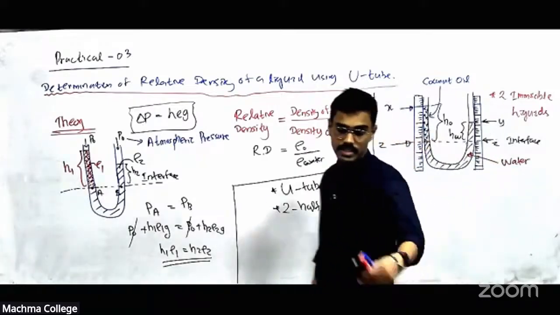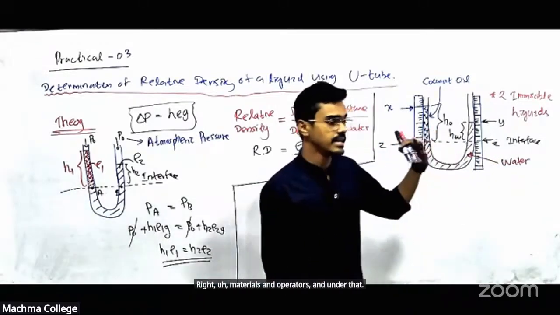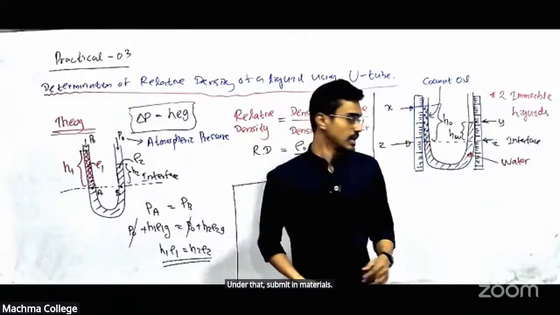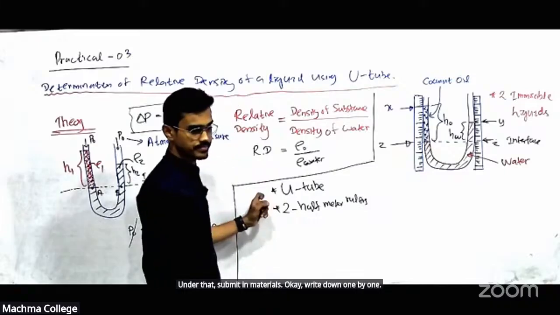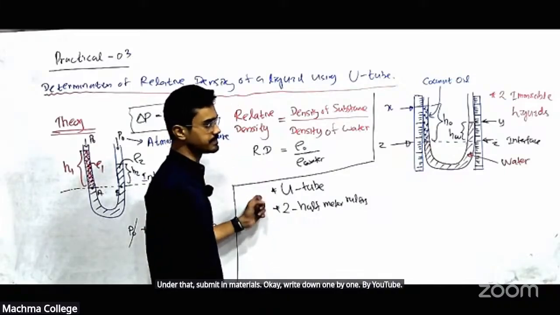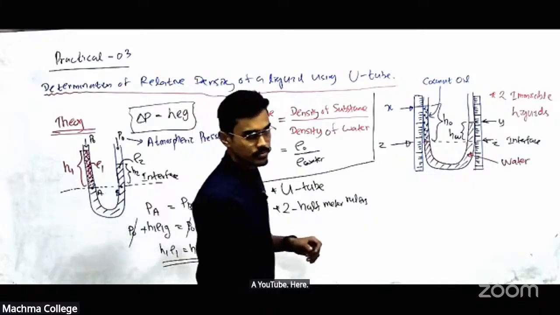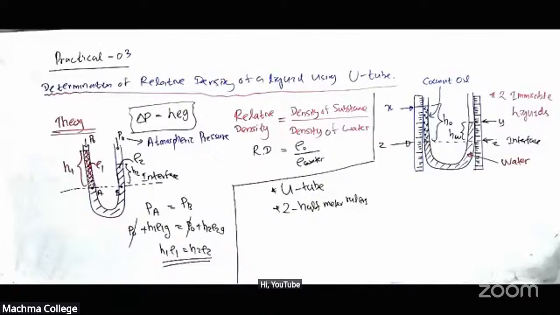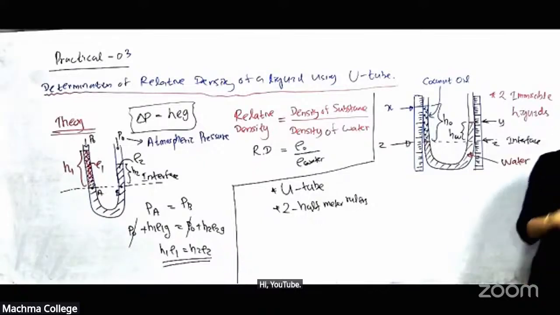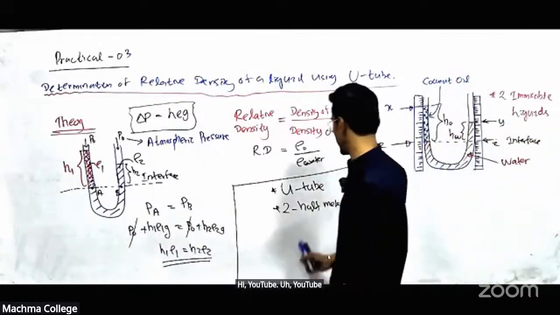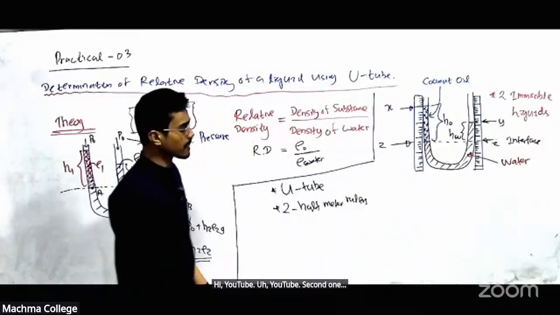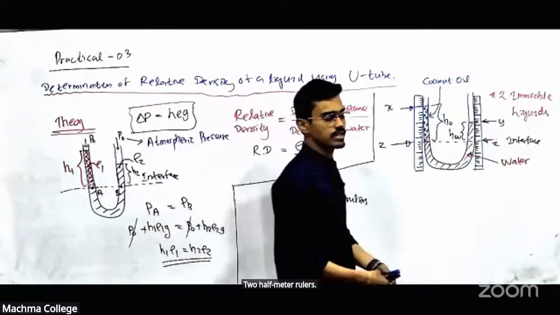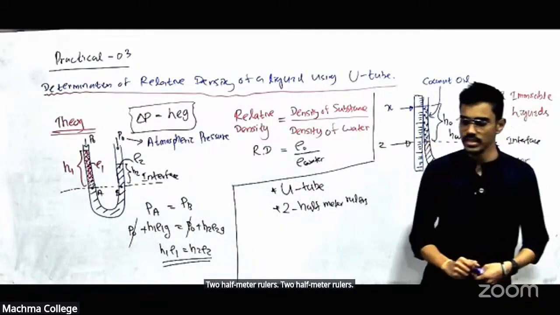Right, materials and apparatus, and under that, subheading materials. Okay, write down one by one. A U-tube. Second one, two half-meter rulers.